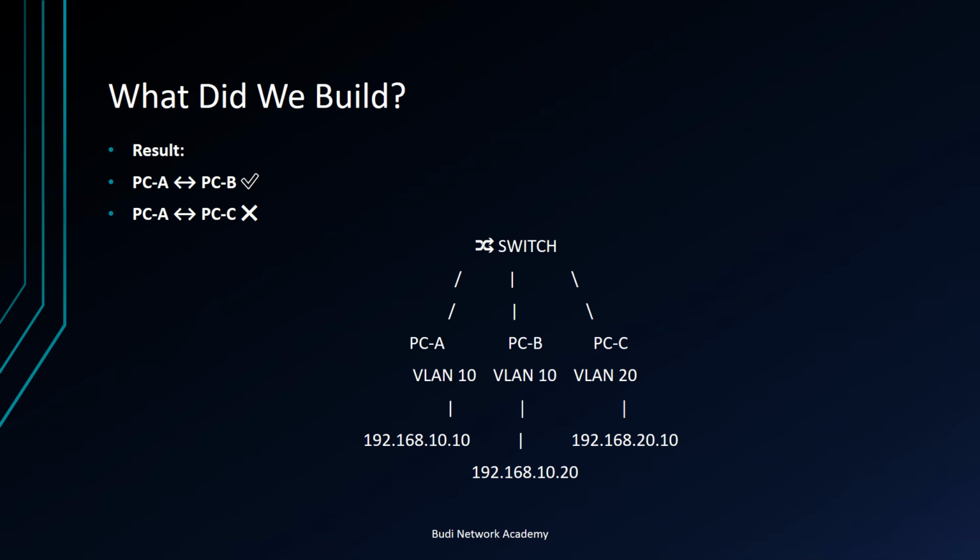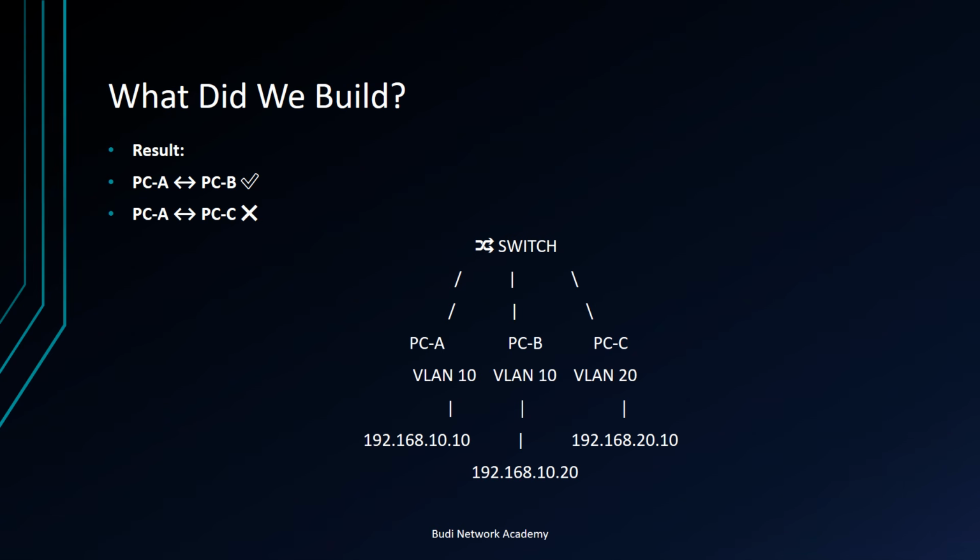Let's take a look at our final network. We have one physical switch, but we have created two separate VLANs. PCA and PCB are members of VLAN 10. PCC is a member of VLAN 20.